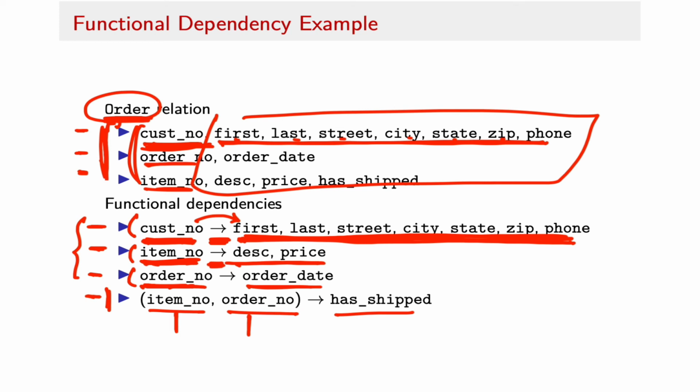So it would not be sufficient for us to include has shipped as a non-prime attribute in either the item number functional dependency or the order number functional dependency. In fact, we need to have both of those attributes as the determinant for this particular functional dependency, because if we have either of them missing, we don't know the value of has shipped.